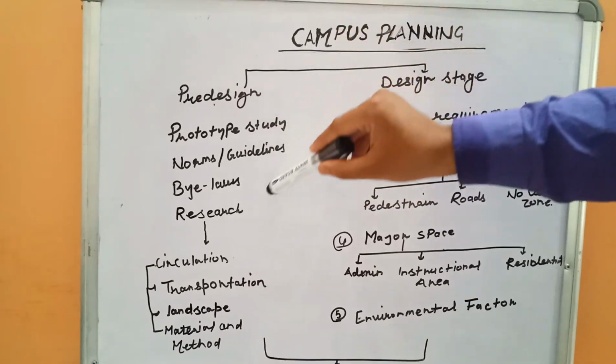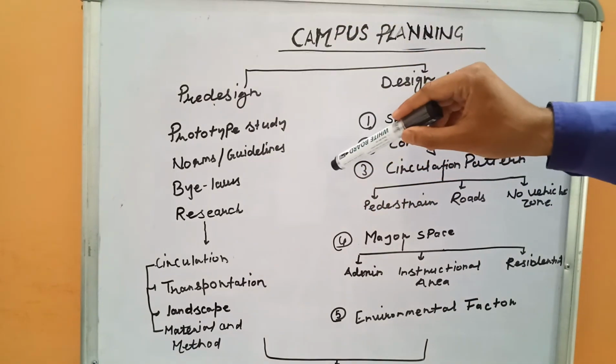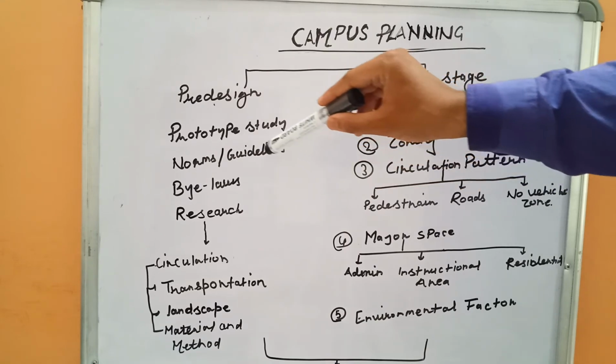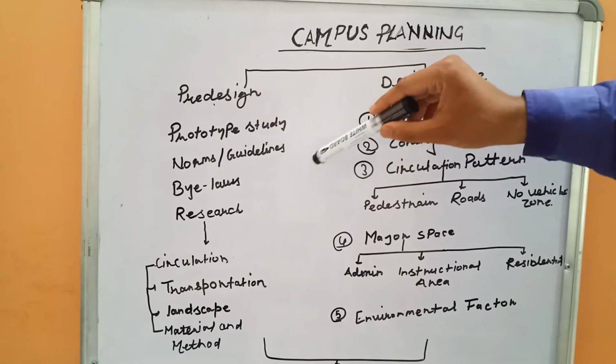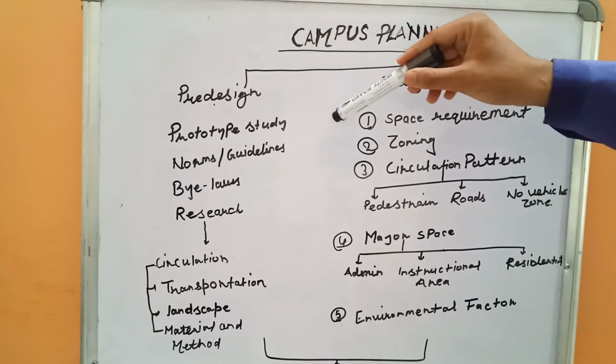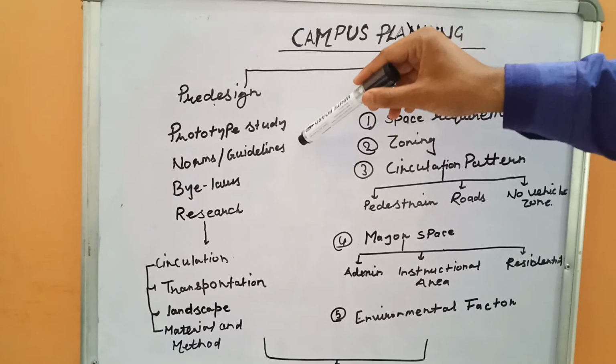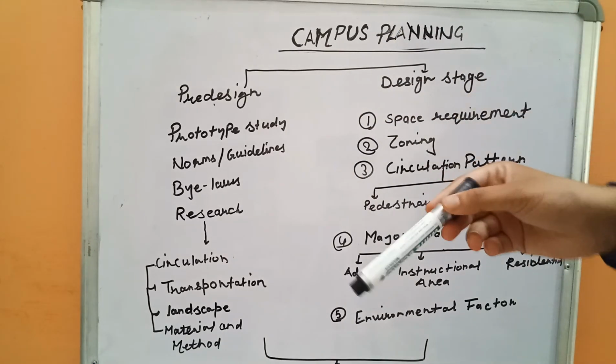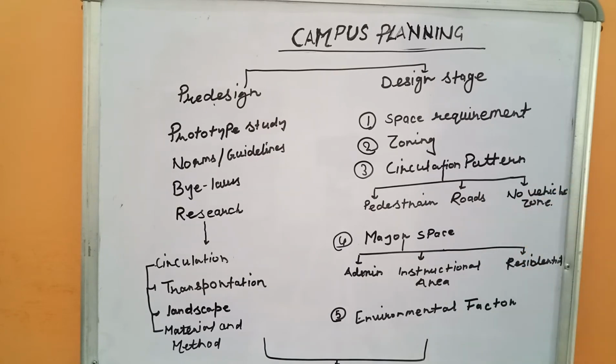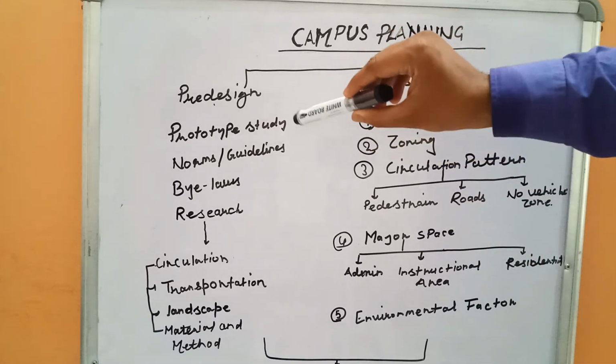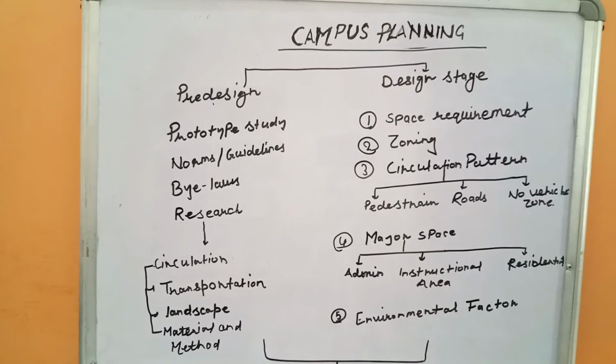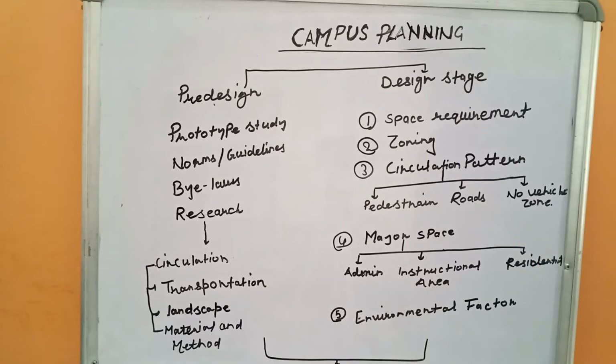We should study the bylaws of that particular area, the norms and guidelines of various local authorities, or as this is an institutional campus, we have to go to AICTE norms and any governing body for the different departments. Then a prototype study of any campus which is green certified or which is a good example of energy saving.